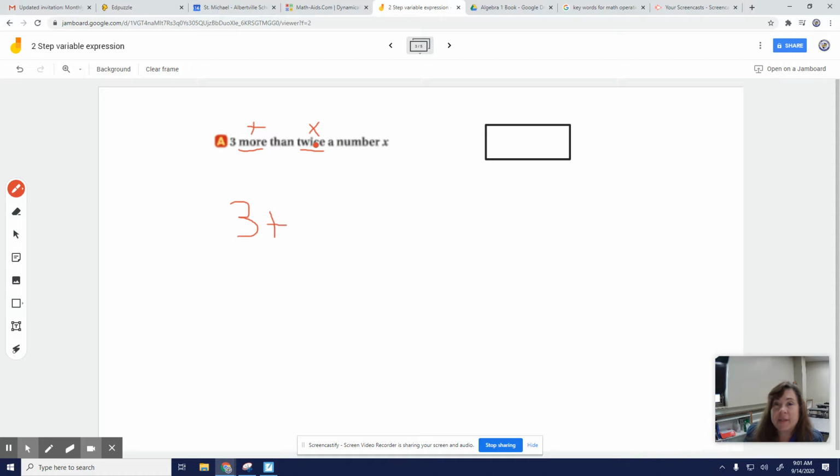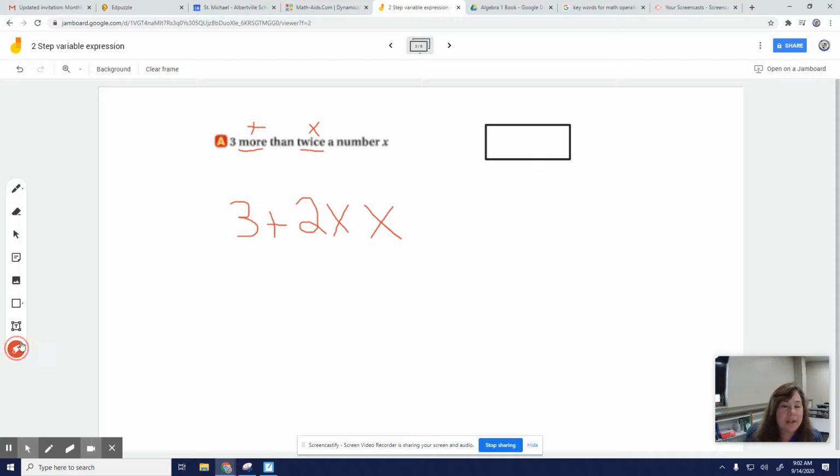So twice, what does that indicate? It indicates 2. Whenever you see the word twice, if you have twice as much fun, you had double the amount of fun. So it's always 2. So 2 times a number x.